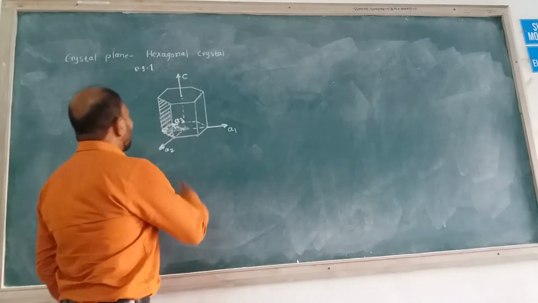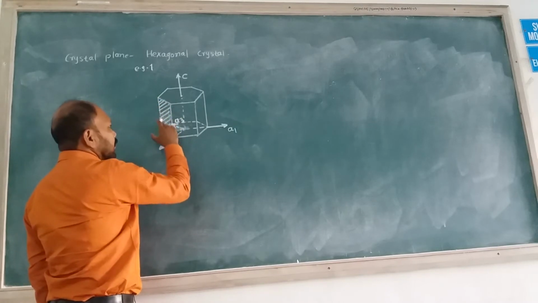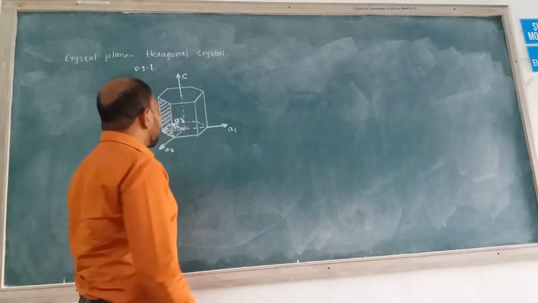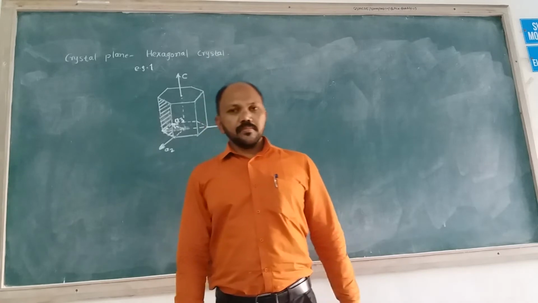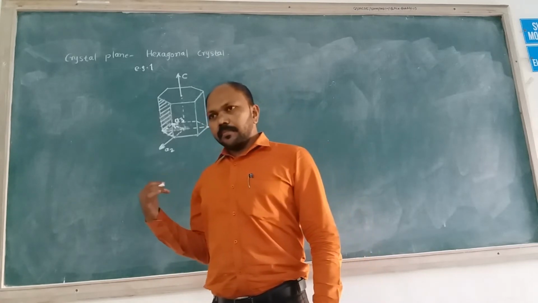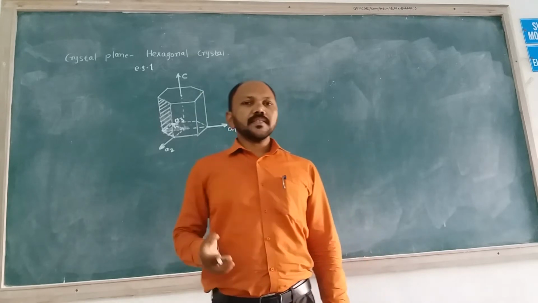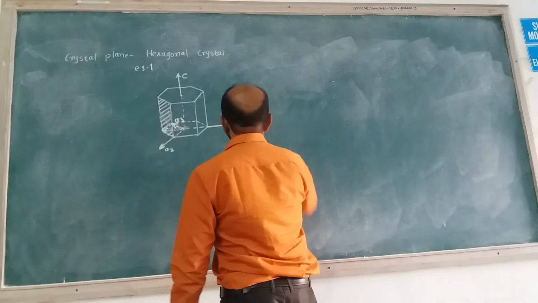If we want to represent the shaded plane, how do we represent it by using these four axes? Representation with four axes is called the Miller-Bravais indices system.